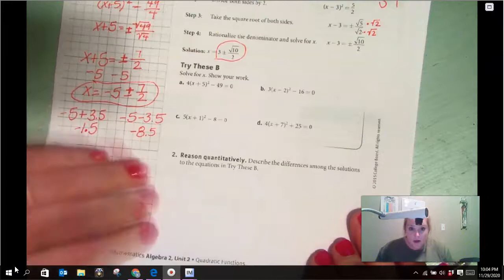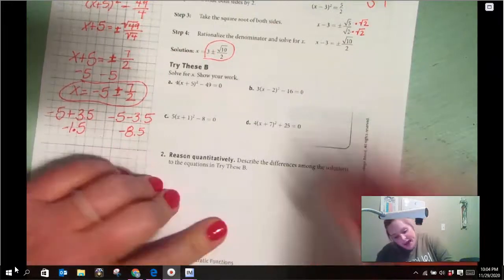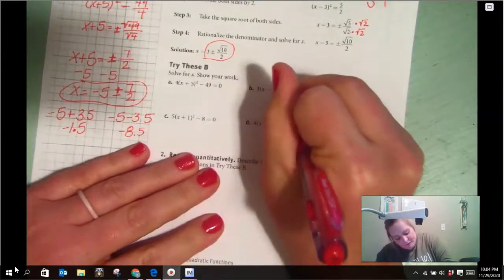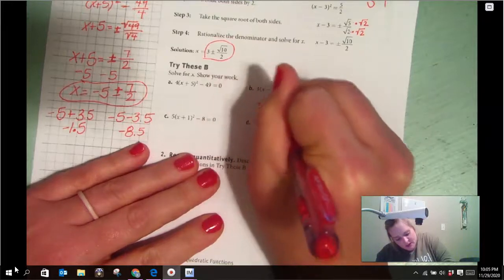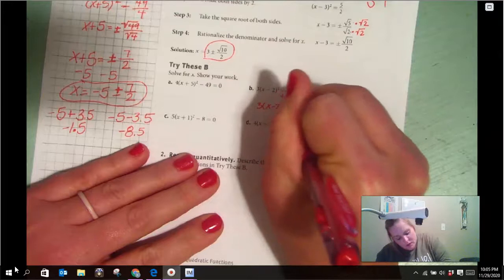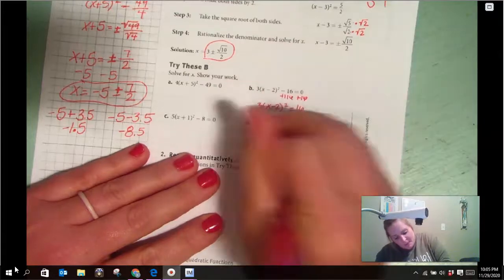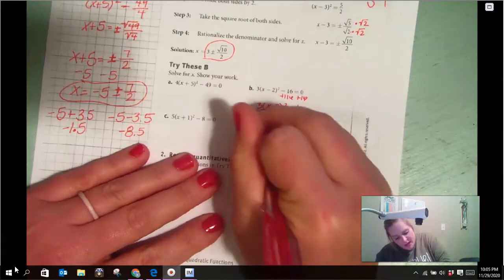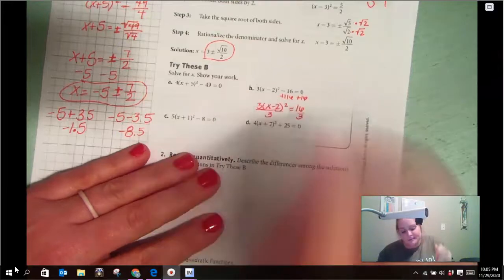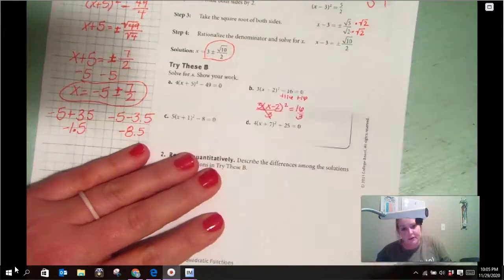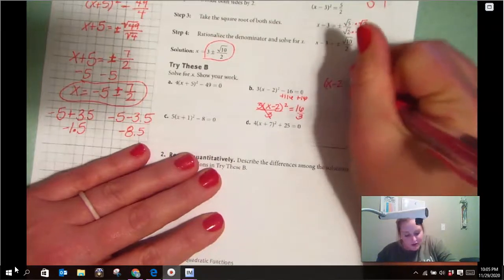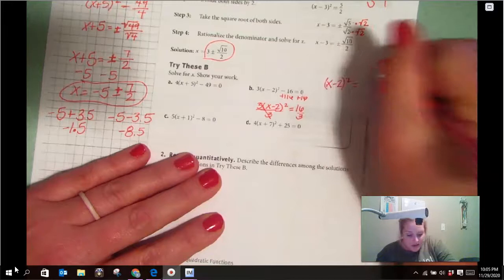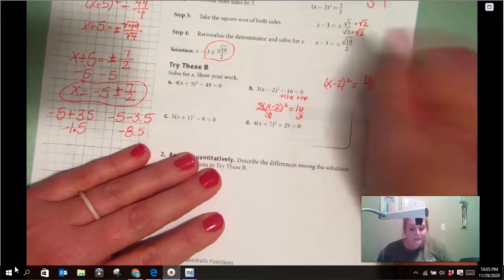Okay, so on B, I'm going to add 16. 3, open parentheses, x minus 2 squared equals 16, divide by 3 on both sides. That cancels out the 3, so we have x minus 2 squared equals 16 divided by 3.